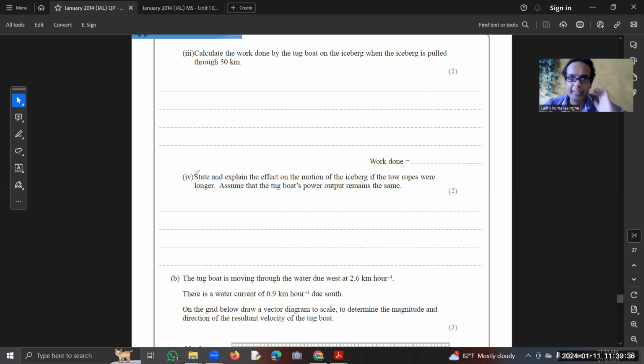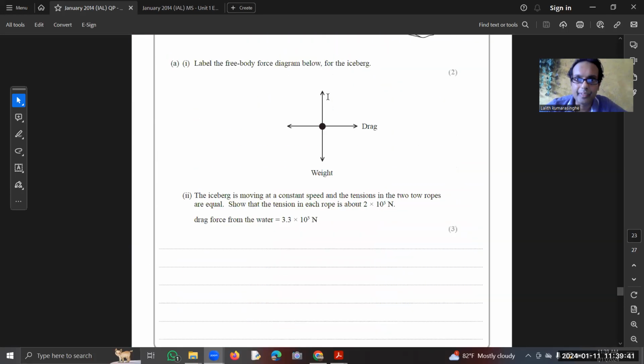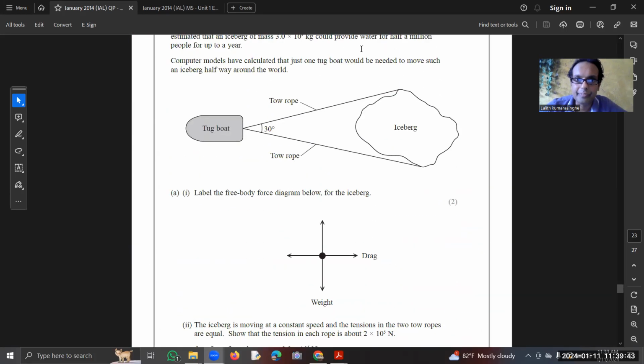Why? Look at the diagram. Not like the horse sum. Look at the diagram. You know, power is equal to force into velocity. You know that equation.